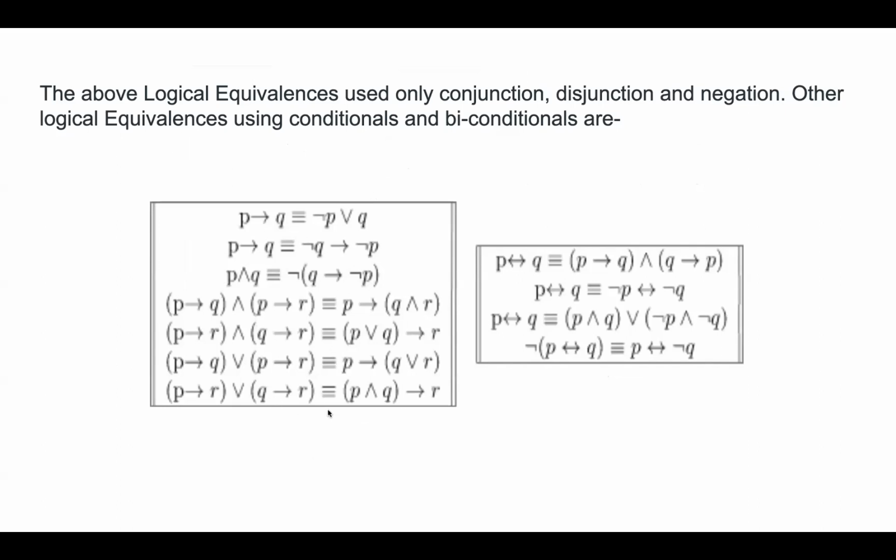These are the equivalences with implication, and these are with biconditional. Biconditional we can also write with the help of double arrow. Getting?